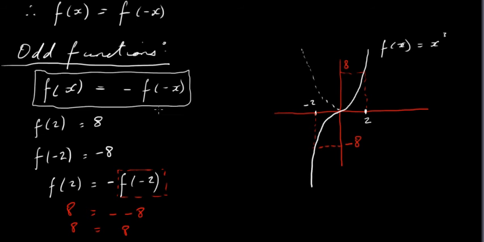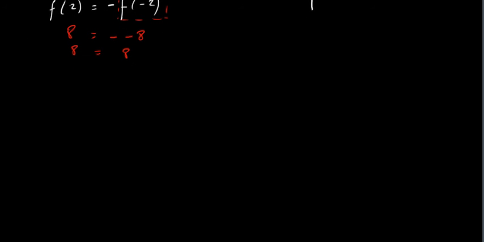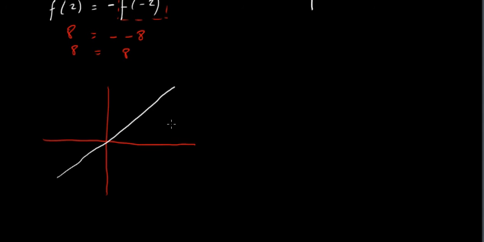So therefore this function here is odd. Now another example would be something like this. If we take our x and y axis again, let's take a line like this. This is just the line y is equal to x. Again, you can see if you reflect this part of the graph in the y-axis, you'll get something like this, and if you reflect this in the x-axis, it'll end up down here.